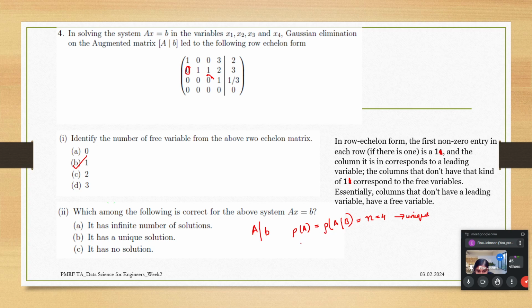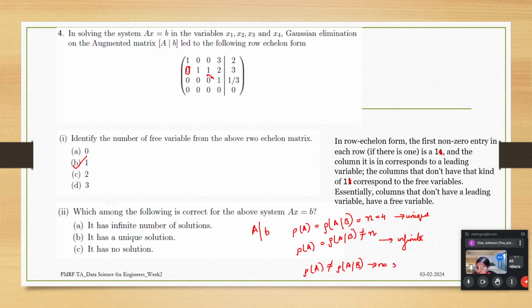If rank of A equals rank of the augmented matrix but it is not equal to the number of variables, then there will be infinitely many solutions. And if rank of A is not equal to rank of [A | b], then there is no solution.